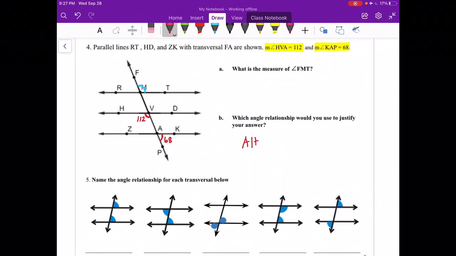The relationship that these two have is that they are alternate exterior. And since they are alternate exterior angles, that means that they are congruent. So if HVA is 112 degrees, then FMT must also be 112 degrees. And that is it for question number 4.